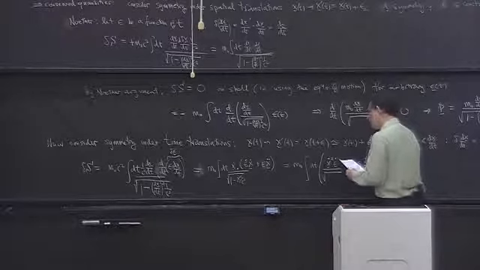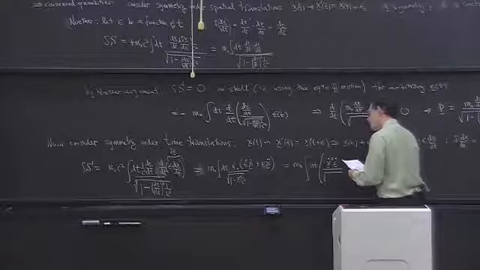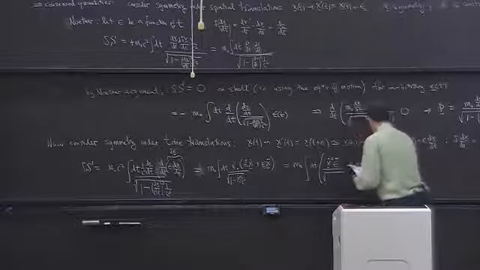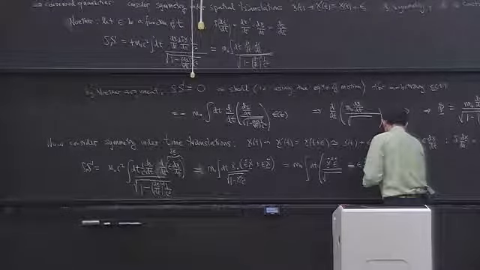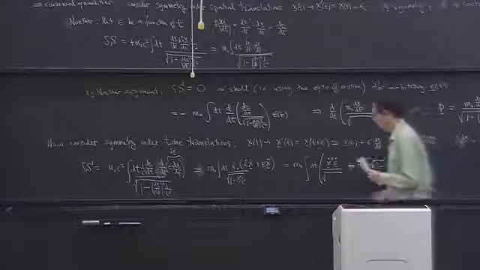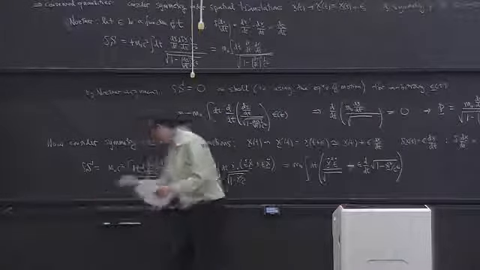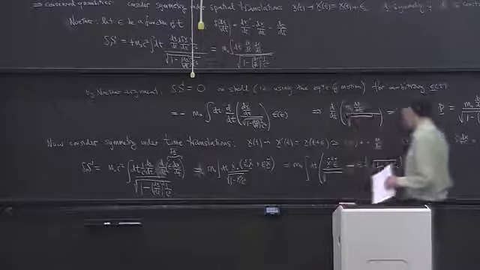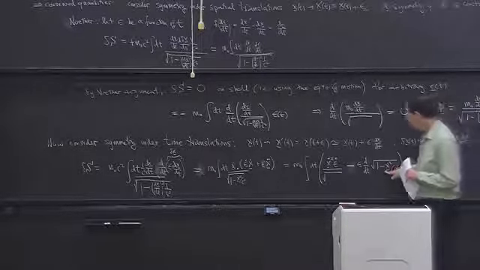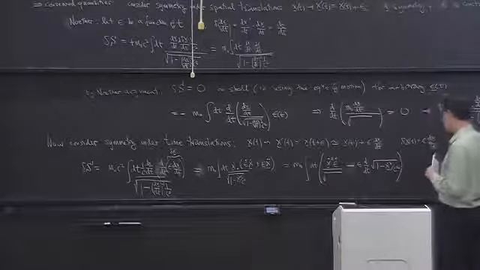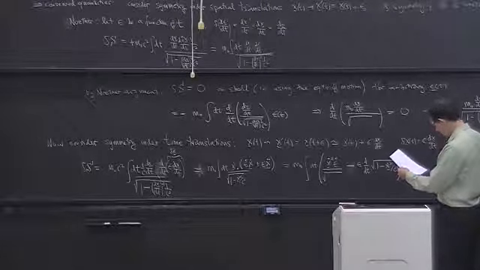That should have a minus sign, minus epsilon d by dt of the square root of 1 minus x dot squared over c squared. Let's just fix that up. Because if I differentiate this thing, I get x double dot, I probably need a c squared in there.